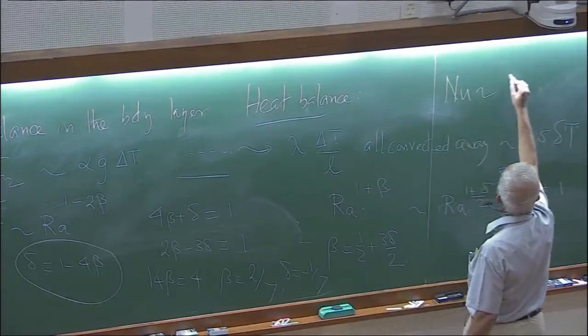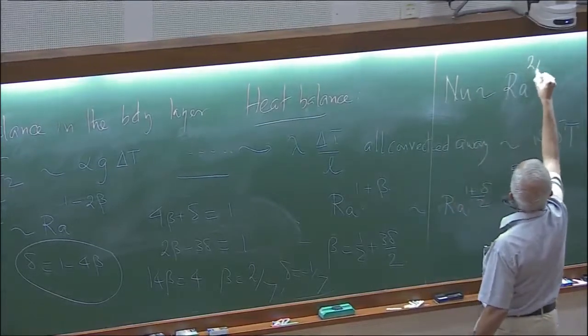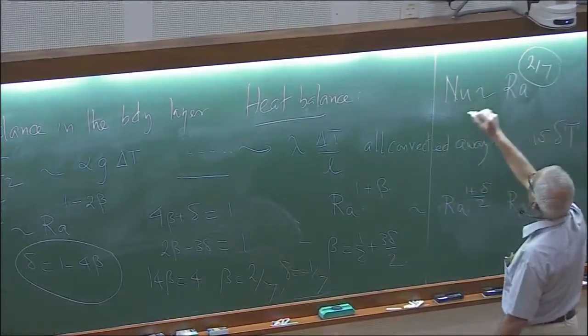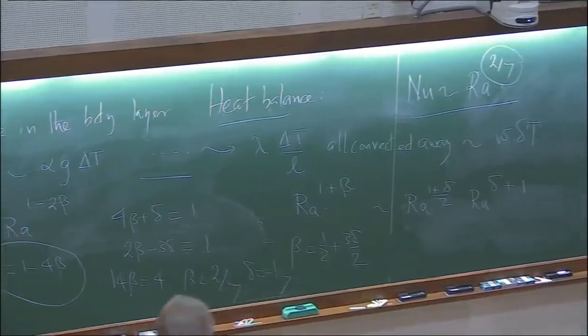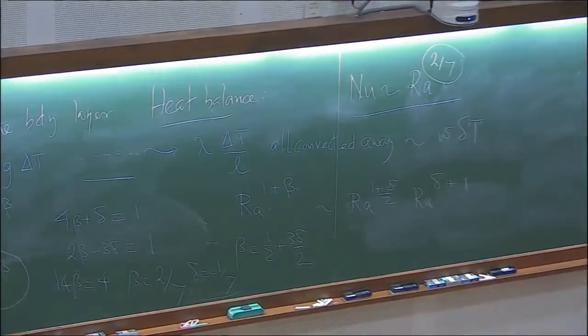Nusselt number goes as RA to the power 2 by 7, which is a number which is less than 1 by 3. So this was the argument which Lipshaber, Kastank, Kadnoff, and so on had, which gave you the inkling of why there should be a number smaller than 1 by 3.